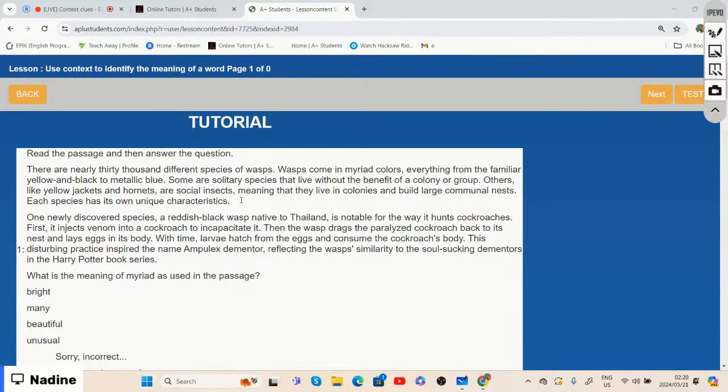All right, so now we're going to look at the passage, right? We need to read the passage and then answer the question. So we're going to read the passage and then answer the question.